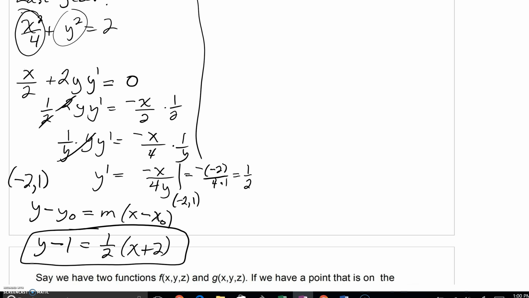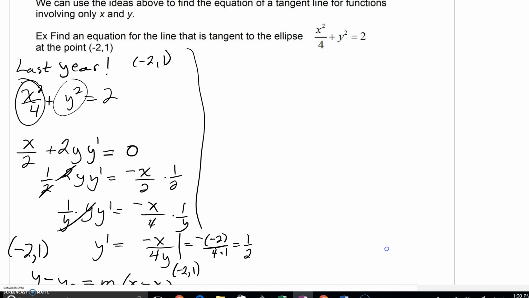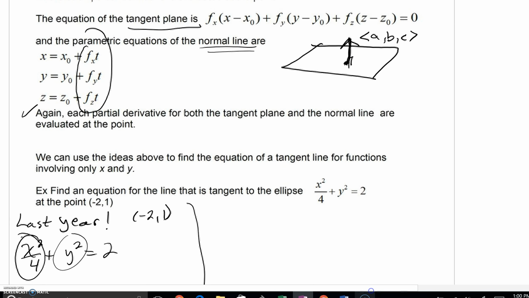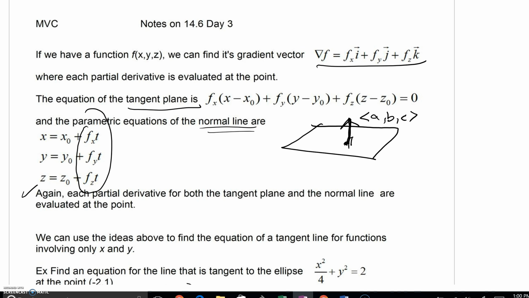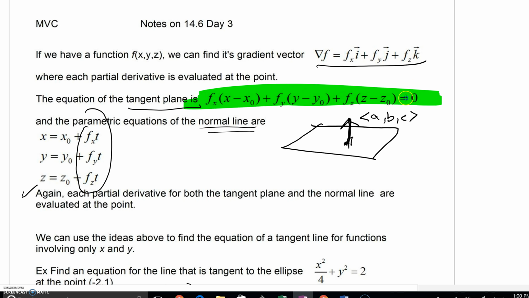The reason is, here's the funny thing. Over and over again, what we've been dealing with in this unit, this chapter, is writing a lot of tangent planes. And that's fine, we could definitely do that. But if we just have an equation with x and y, z isn't even really in the mix, so to speak.